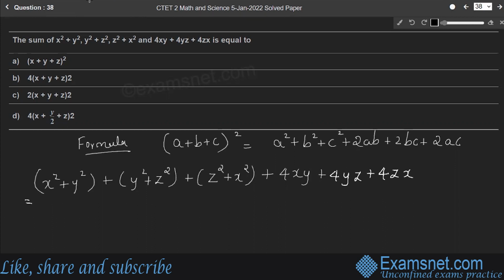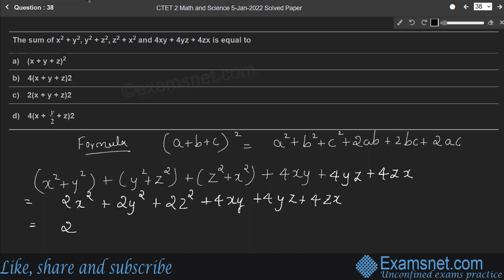2x square plus 2y square plus 2z square plus 4xy plus 4yz plus 4zx.